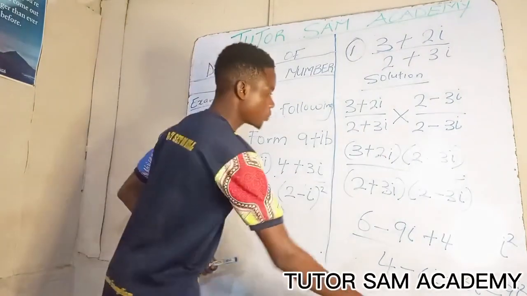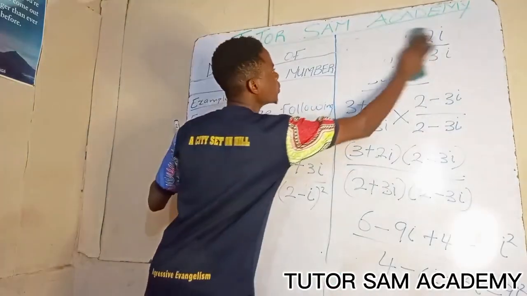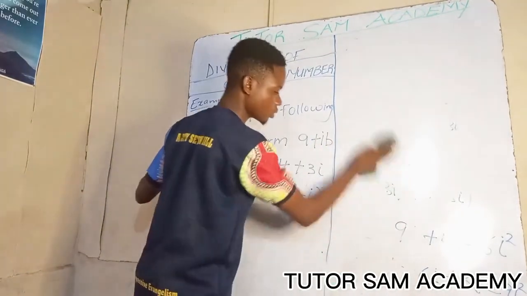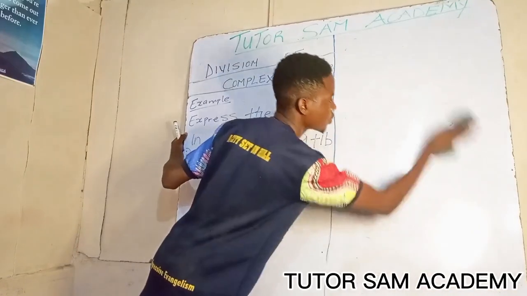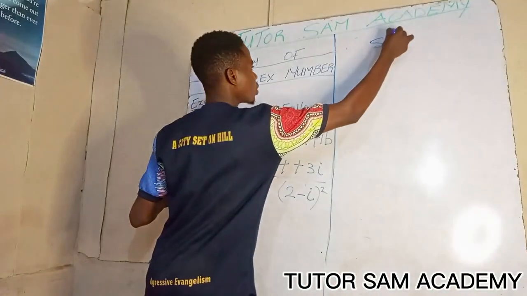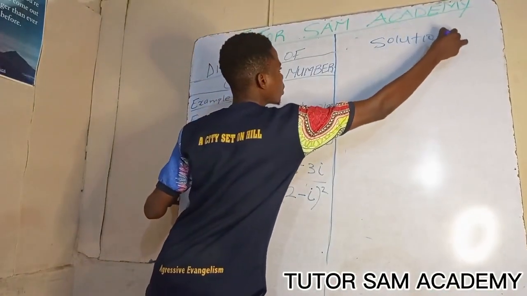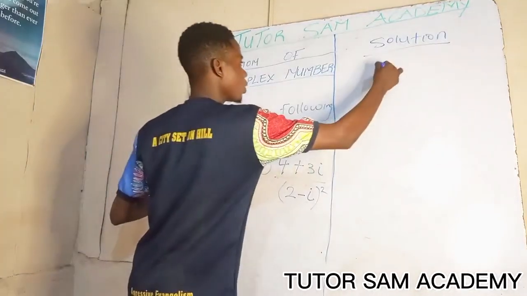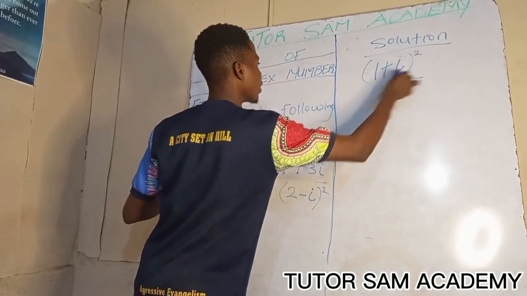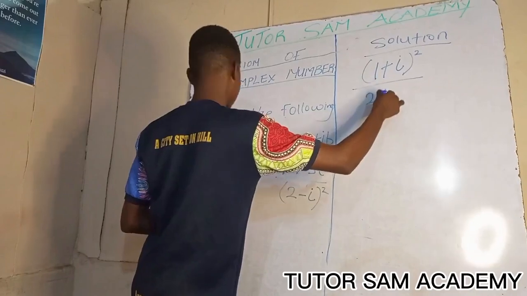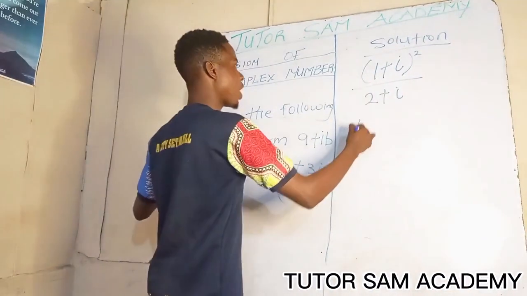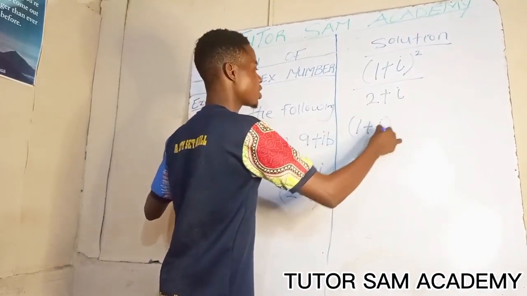So let's solve. Let me write the solution. I have 1 plus i all square all over 2 plus i. The first thing I'm going to do is to solve for this numerator, because I have 1 plus i all square, which means twice of this.